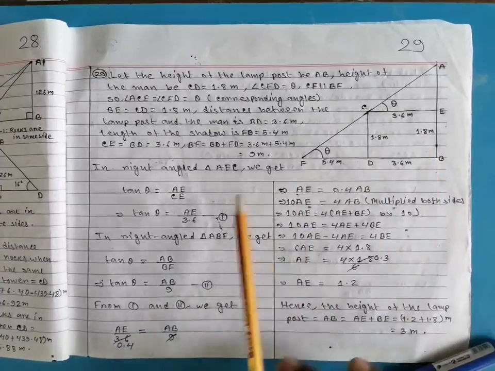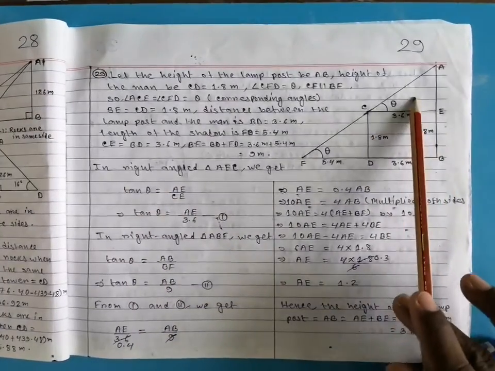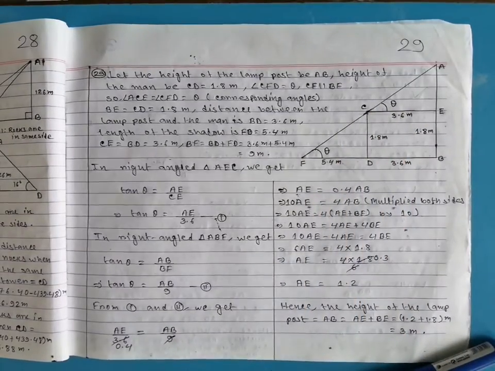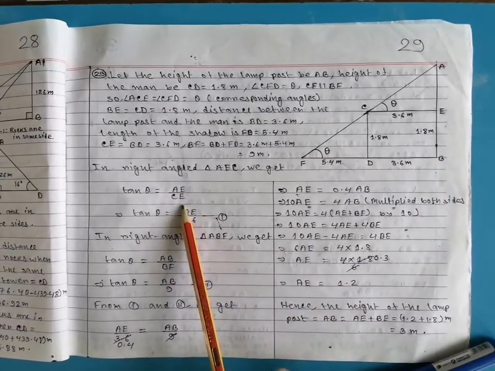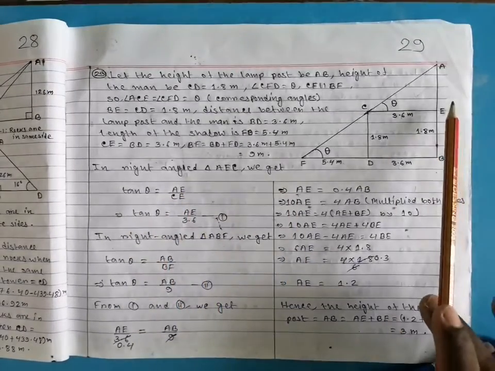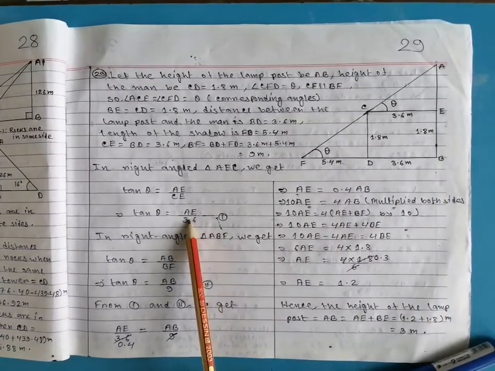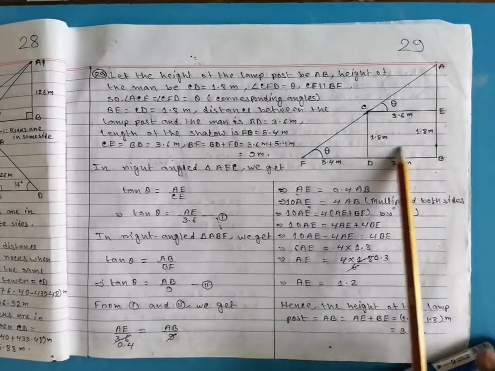Now in right angle triangle AEC, suppose this angle is theta, that is not provided, I am assuming that it is theta. In this triangle, tan theta equals AE upon EC, and EC equals BD, that is 3.6 meter. Now come to the right angle triangle ABF, the bigger triangle.